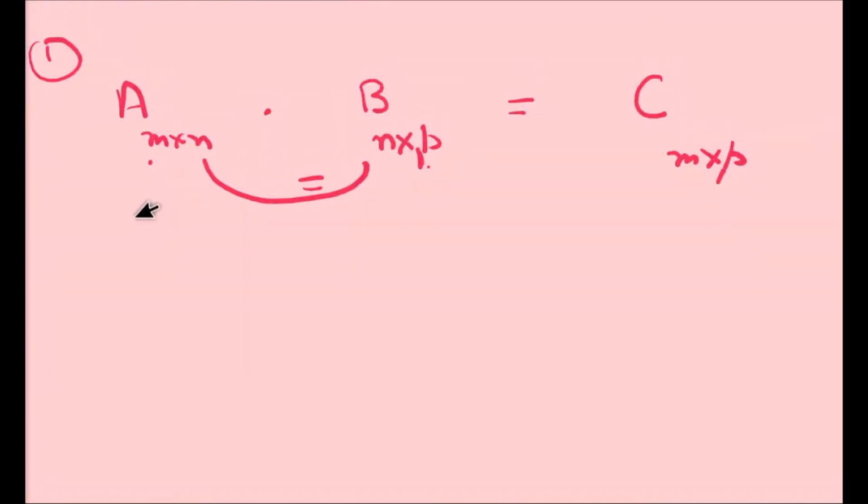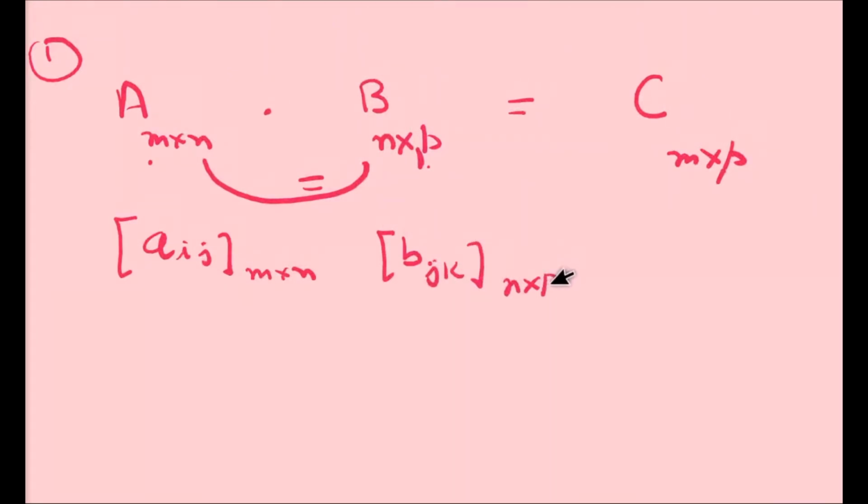Now let it be Aij of m into n order, and B jk of n into p order, then C will be Cik of m into p order.